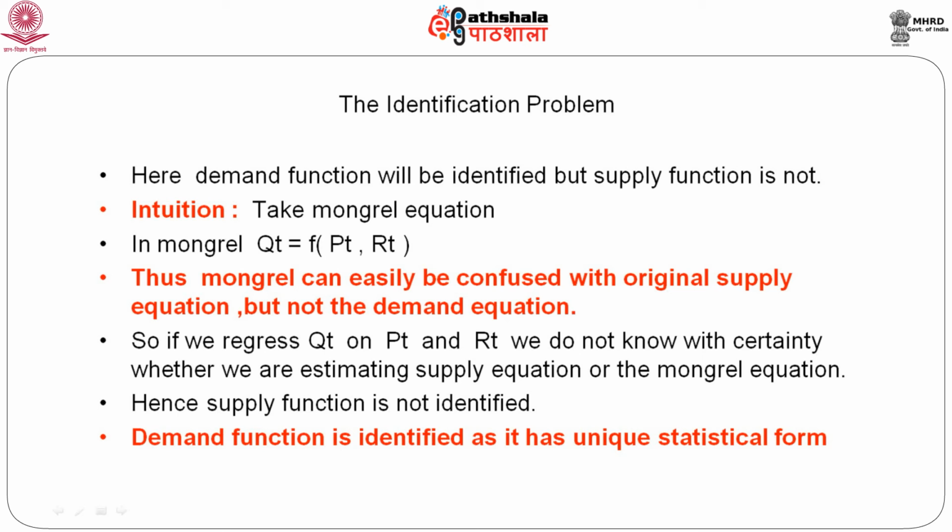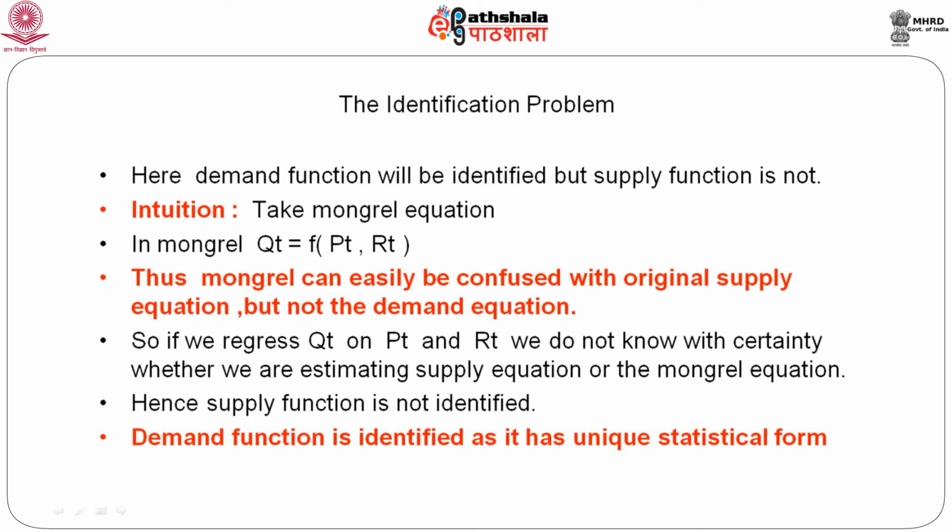So, what is the gist of this result of the exclusion restriction? In order to identify the parameters of the equation, introduce some additional variable into the model and incorporate it in some of the equations and exclude it from the other equation.